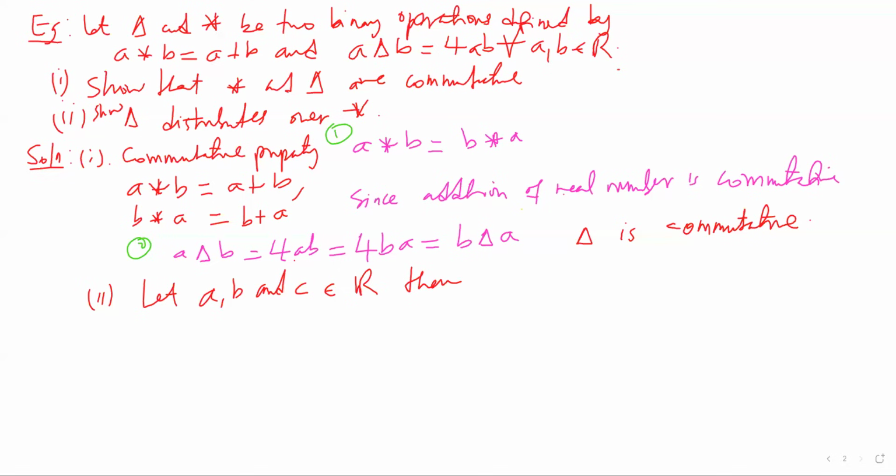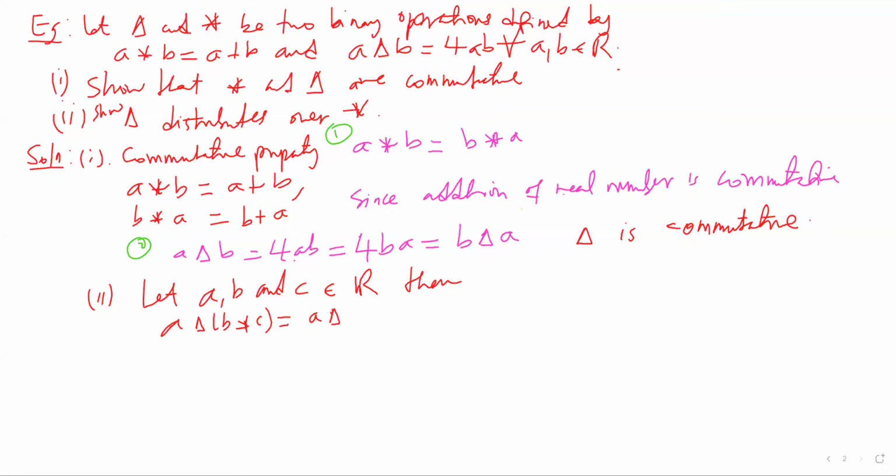Then we check A delta B star C. So delta gives us a multiplier, right?